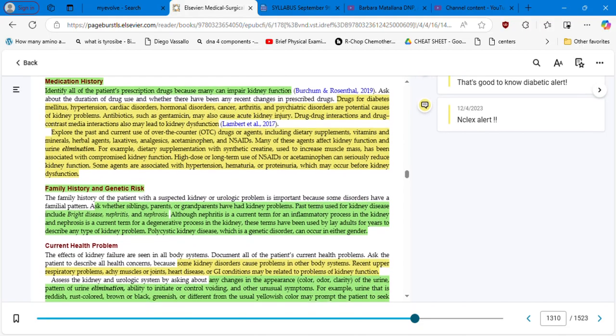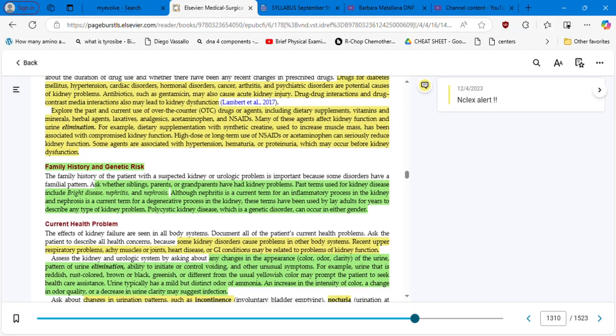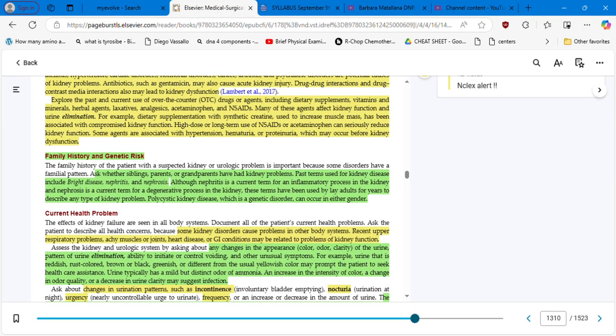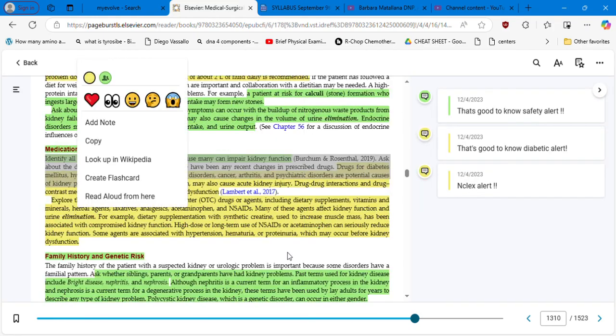Medication history also can impair kidney function. Drugs for diabetes mellitus, hypertension, cardiac disorders, hormonal disorders, cancer, arthritis, and psychiatric disorders are potential causes of kidney problems. Antibiotics such as gentamicin, NCLEX alert, may also cause acute kidney injury. This is important. Let me put this.